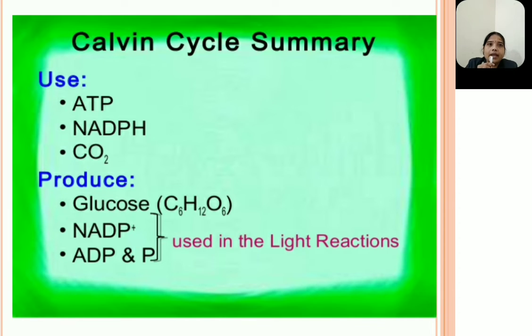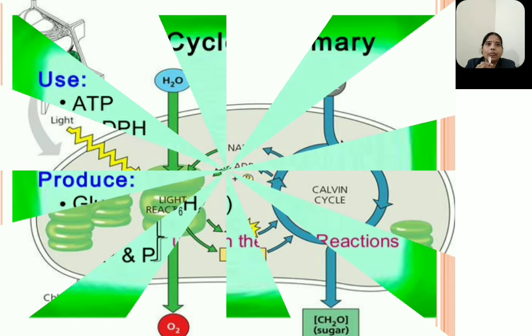Then the Calvin cycle summary. In short, it uses ATP, NADPH and carbon dioxide and produces food, meaning glucose, NADP and ADP and inorganic phosphate, which are used in the light reaction.